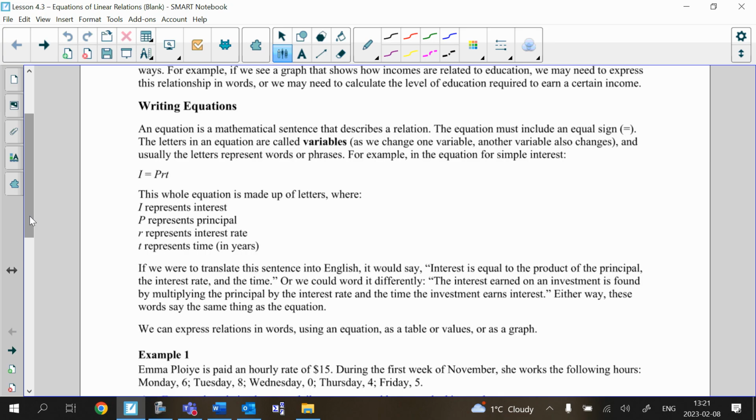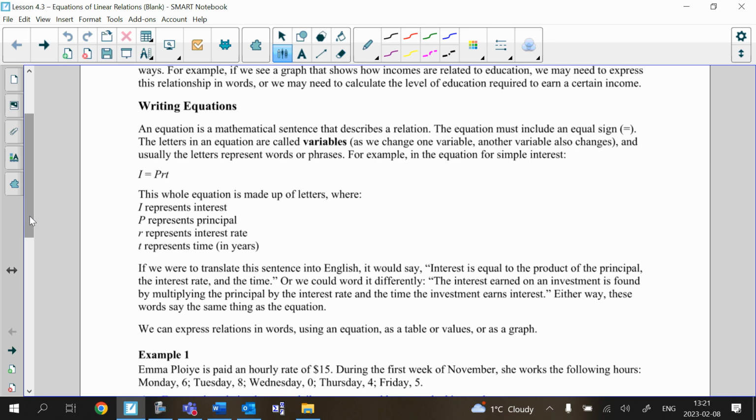And you guys have been dealing with equations for a long time. We've been dealing with them since the beginning of the year in this course. Like this was one of the very first formulas we talked about. The interest on an investment or interest on a loan is equal to the principal amount times the rate of interest times the time. So this one is made up of all variables. Sometimes there may be numbers in there and operations.